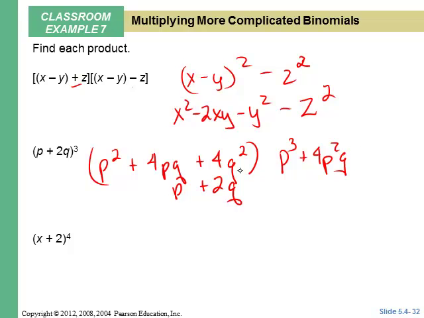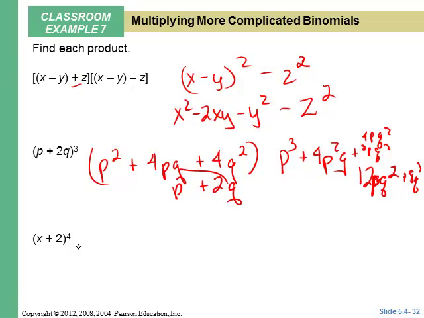P times 4q squared is plus 4pq squared, and then here's another 8pq squared, so that's plus 12pq squared, and then 4 times 2 is plus 8q cubed.